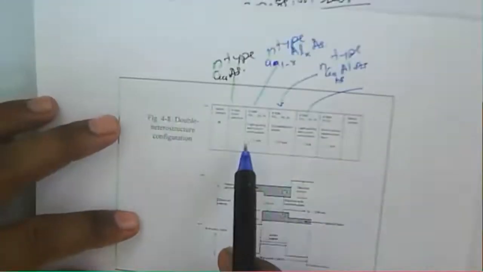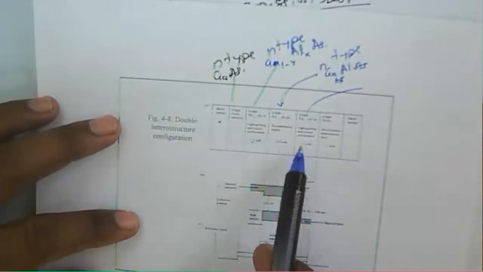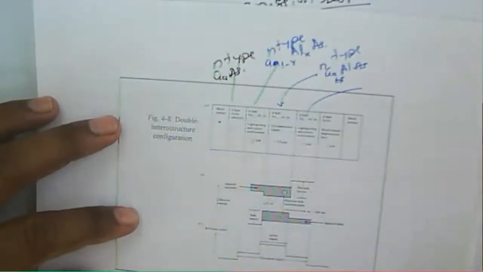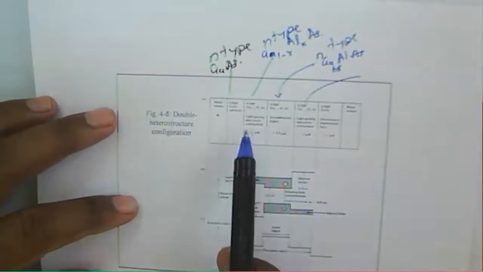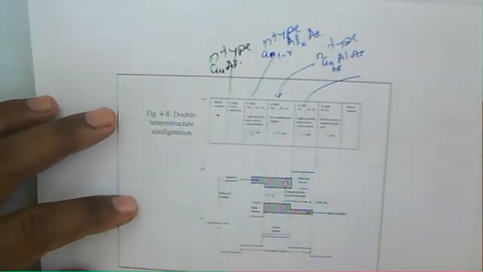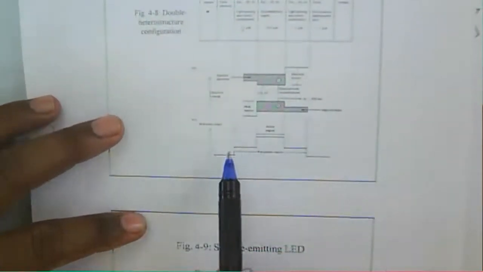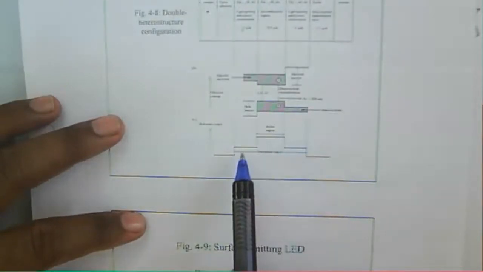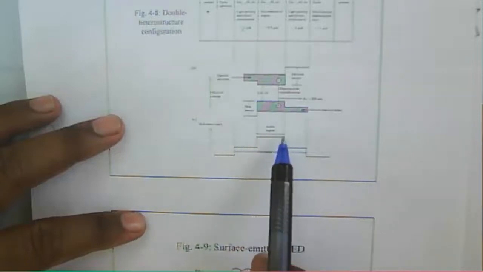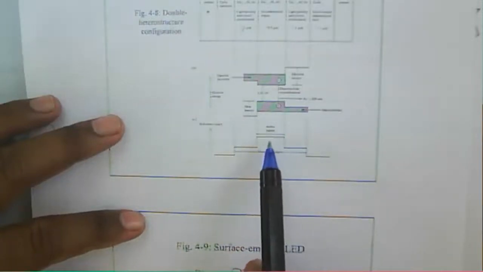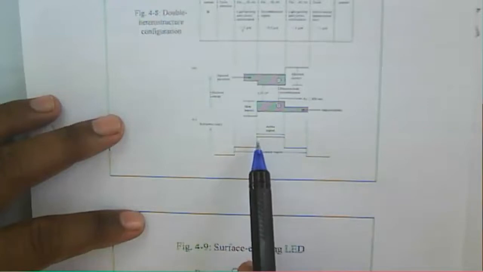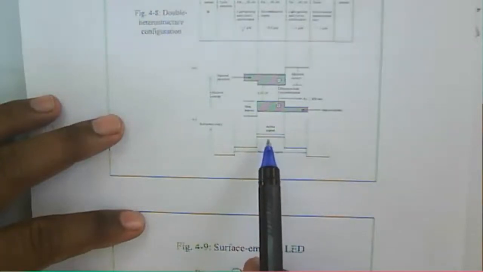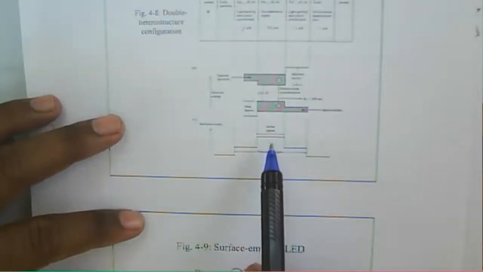This is one guiding layer and another guiding layer, and this one is the recombination region. The guiding layers have a low refractive index, and surrounding them is the active region, which has a higher refractive index. So that's why the radiation takes place in this particular active region here.